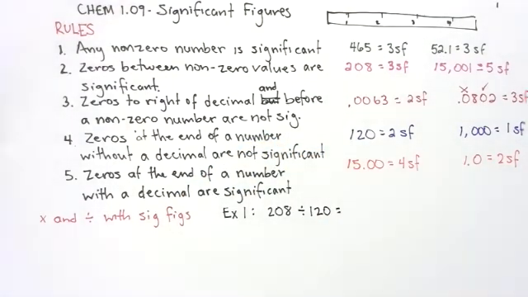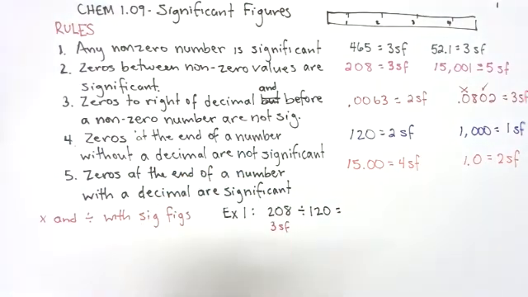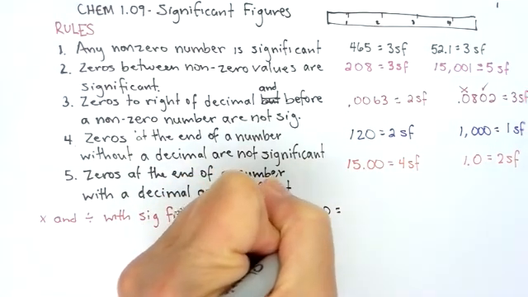So when I punch that into my calculator, which I'm doing right now, I get 1.733333. Well, we said earlier that this has 3 sig figs and this has 2 sig figs.